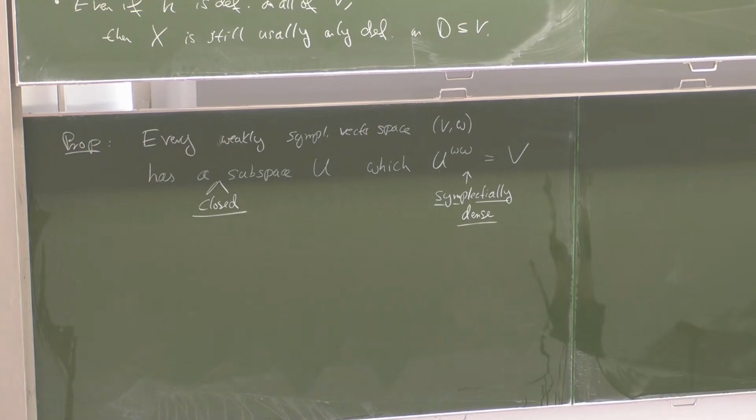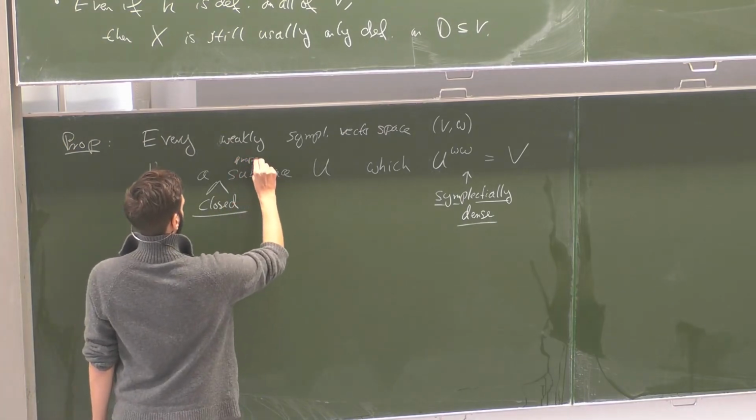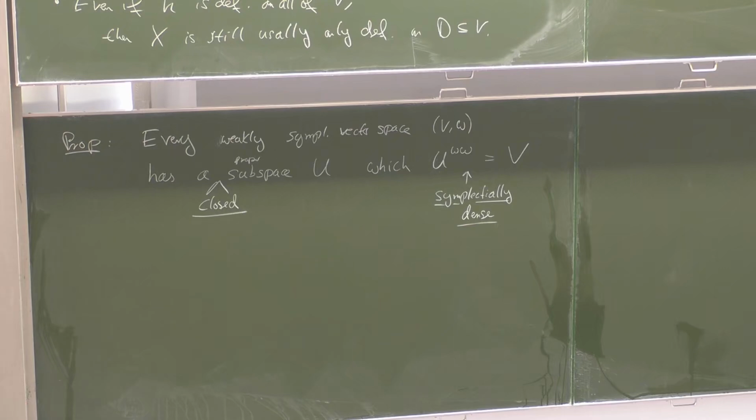That's something very strange if you see it for the first time: you have a proper subspace such that if you take two times the symplectic dual, you get all of the space.